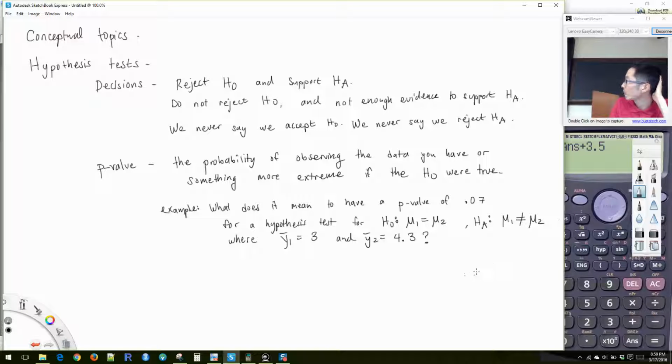All right. So what does it mean to have a p-value of 0.07?